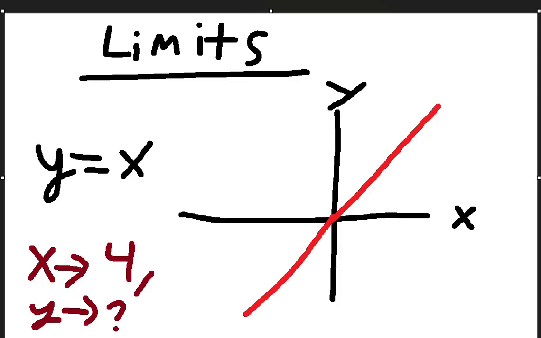Y is equal to what? Now, in this case, this is fairly simple. You're just going to go look for x equals 4, and you're going to put up, and it's going to be at y equals 4. It's not that complicated right here. Trust me, limits are not that dense, but they can be kind of helpful.